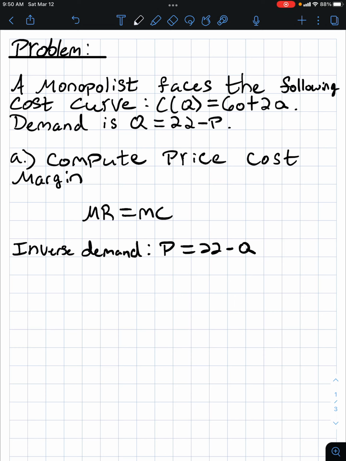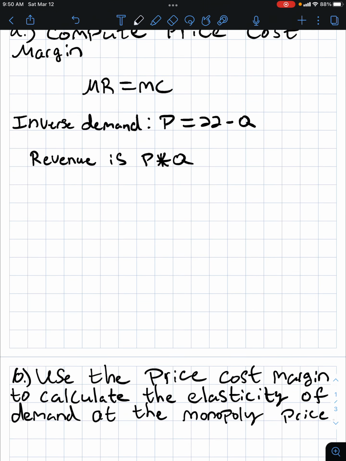Now that we have found our inverse demand, we can find our revenue. And what is revenue? Revenue is price times quantity, or in our case, it's going to be 22 minus Q times Q, which is equal to 22Q minus Q squared.